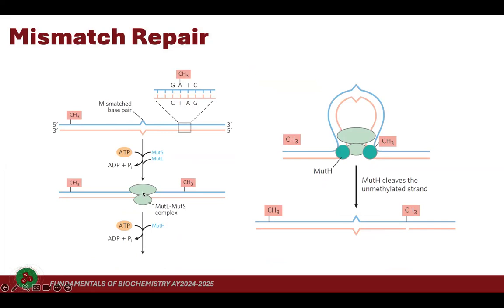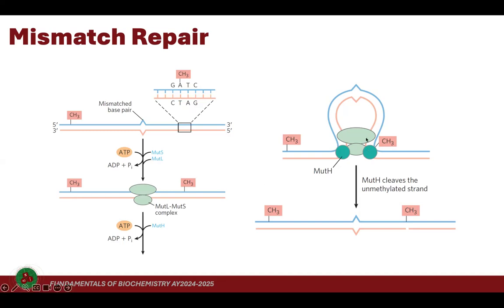It's the MutS that recognizes the mismatch, and then you have the MutL that also binds to the MutS, which initiates the mismatch repair mechanism. And then the MutH, there are actually two MutH molecules that will bind to your MutS. This MutH will be the one to scan the DNA strand in both directions for methylated adenine.